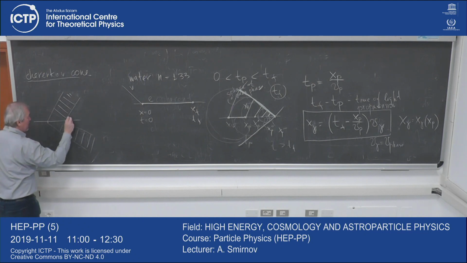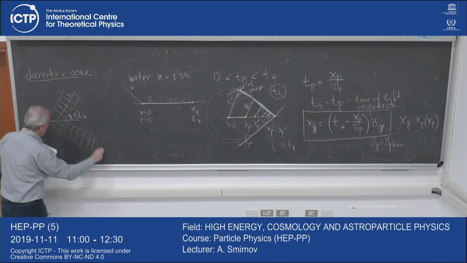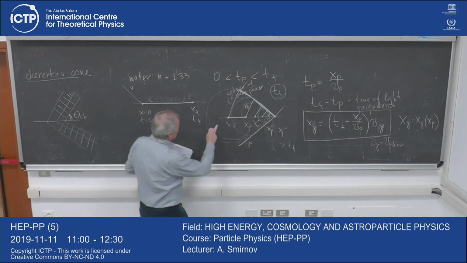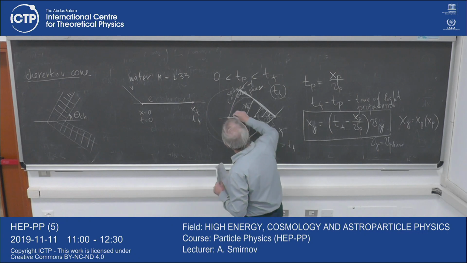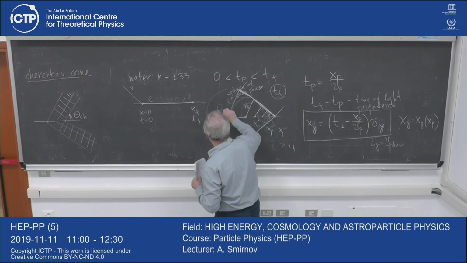Now what is the direction? So what is this theta Cherenkov, along which this front propagates? Again we can use this picture, and this is the same angle as here, theta Cherenkov.